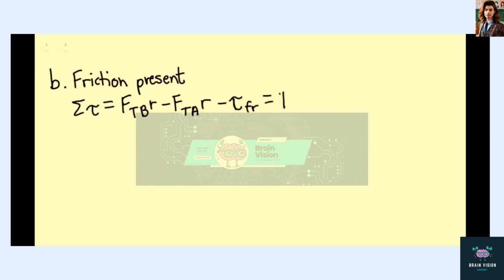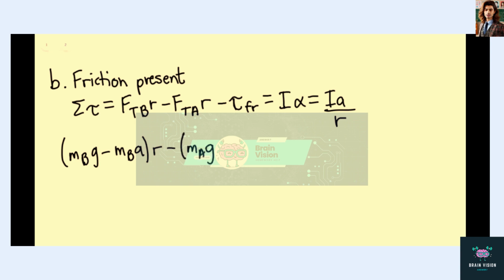This is going to be equal to the moment of inertia times the angular acceleration, or the moment of inertia times the tangential acceleration divided by R. So we can say that m sub B G minus m sub B A multiplied by R minus m sub A G plus m sub A times the tangential acceleration times R minus the frictional torque would be equal to I times the tangential acceleration divided by R.